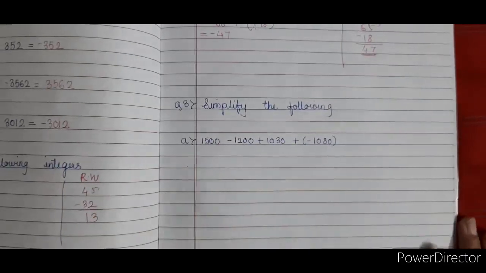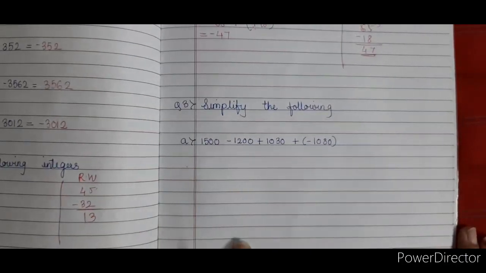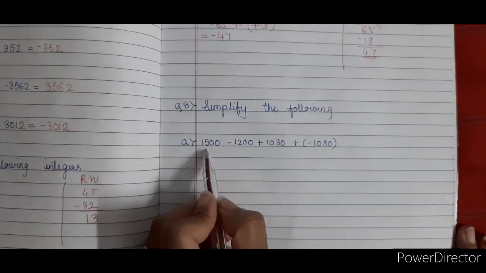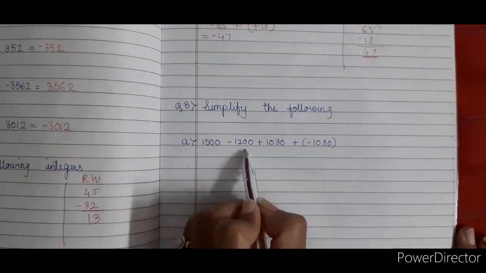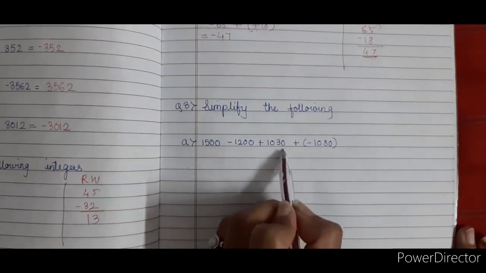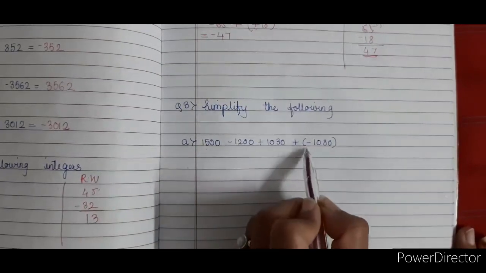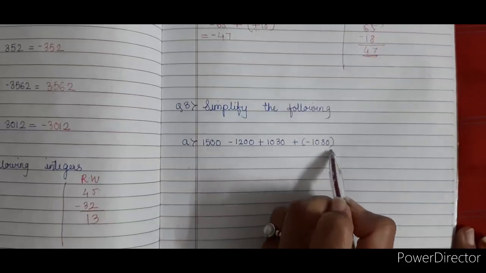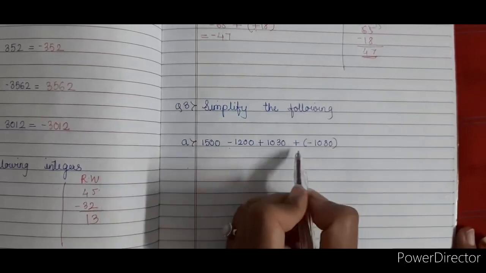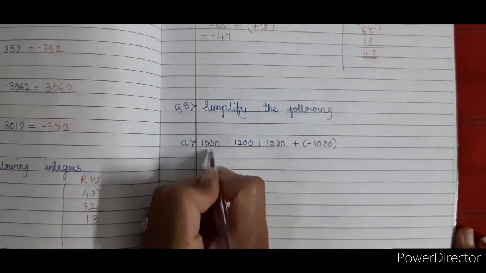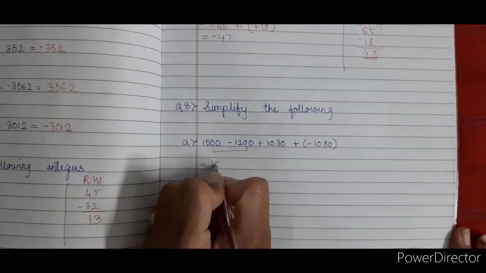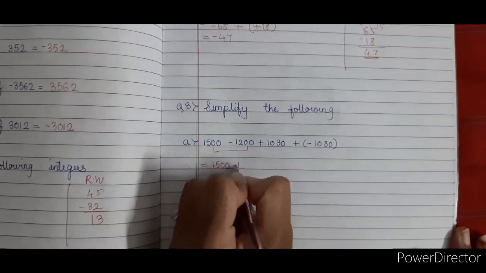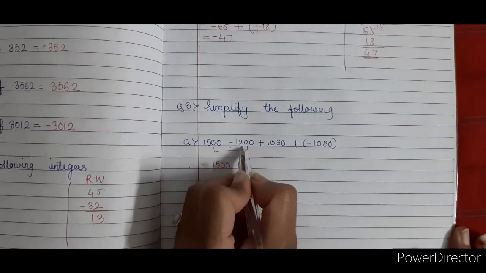Next, simplify the following. Now look at the sum properly. 1500 minus 1200 plus 1030 plus minus 1080. We have subtraction and addition. First of all, we'll convert this subtraction into addition. So 1500 plus, and I'll write the additive inverse of 1200.